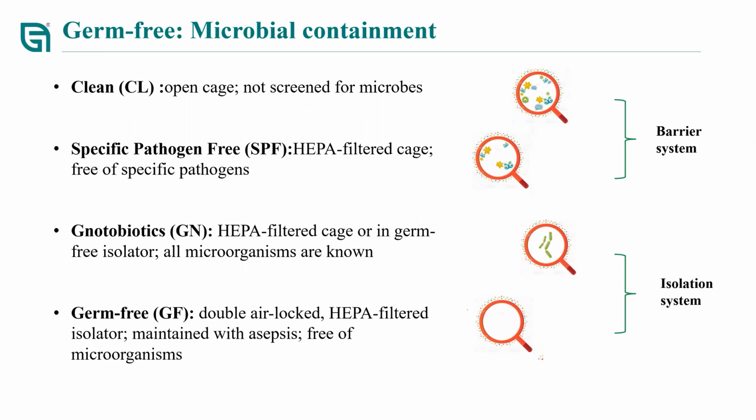Specific pathogen-free mice are partially screened for microbes and free of specific pathogens. Gnotobiotic mice refer to mice in which every microorganism present is defined. Same as germ-free mice, gnotobiotic mice are also raised and maintained in germ-free isolators. And as mentioned before, germ-free mice are free of all microorganisms. So nowadays, SPF and GF mice are extensively used for scientific research.